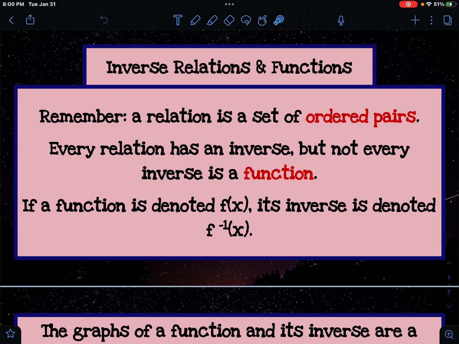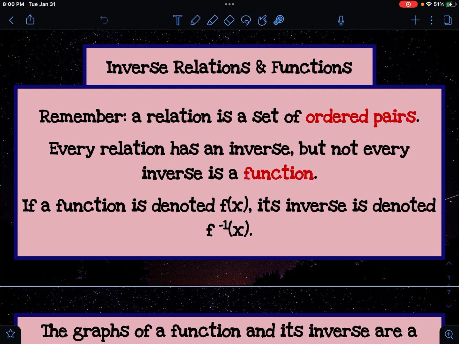We are going to learn today about inverse relations and functions. Remember what a relation is. A relation is just a set of ordered pairs. When we talked about relations towards the beginning of the year, we looked at them and decided if they were functions or not.